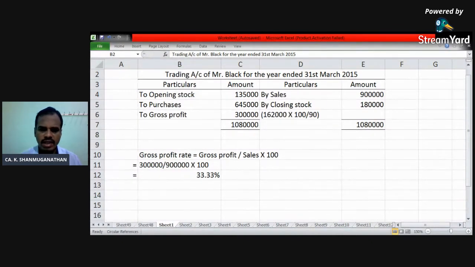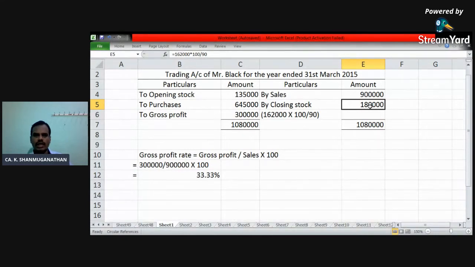And why do we prepare that previous year trading account? We need the gross profit for our memorandum trading account. To find the gross profit, we are presenting the previous year trading account, where I post opening stock, then purchases, after that sales, everything picked up from the question. While reading the question itself, I said closing stock is given at 90% of cost.